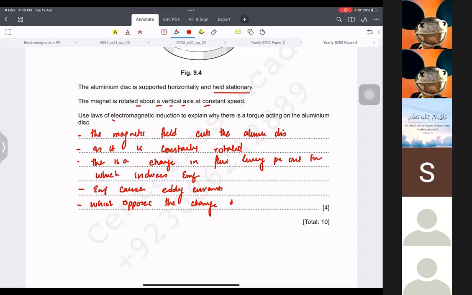You can write according to Lenz's law, change, hence applies a force on the disk. Is it clear?